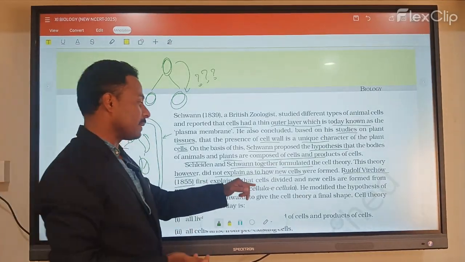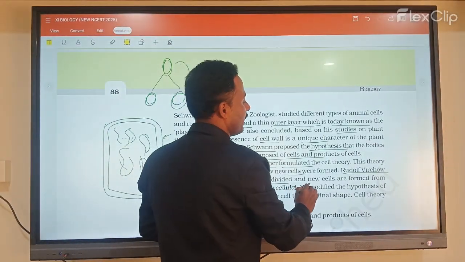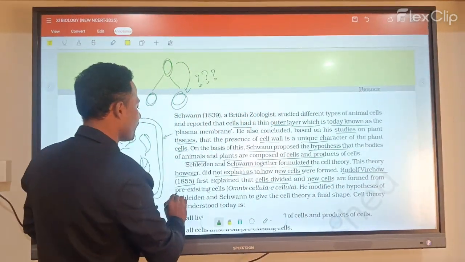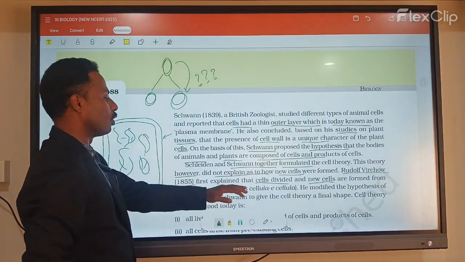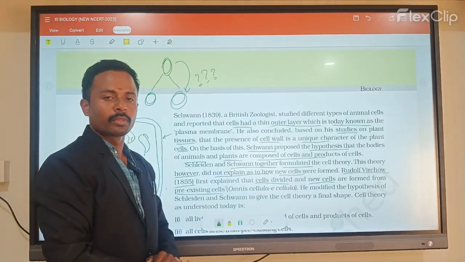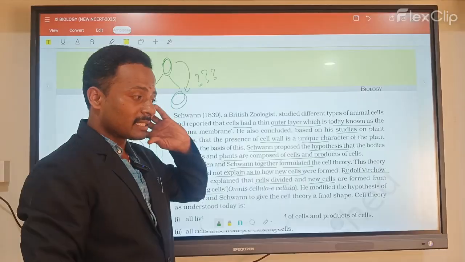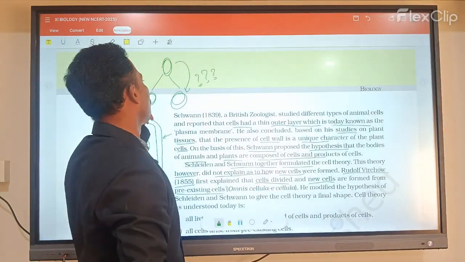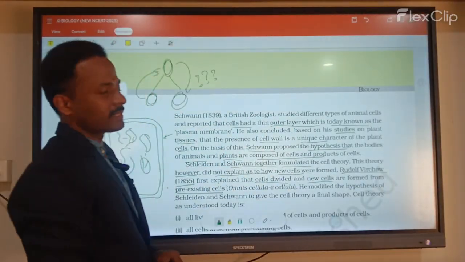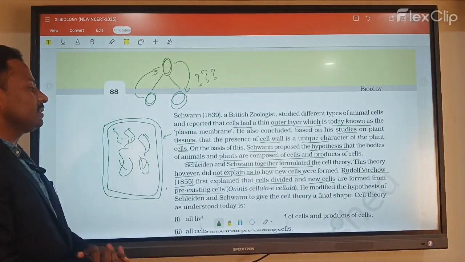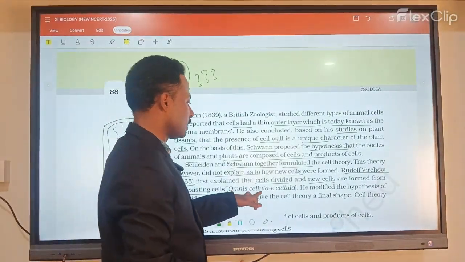He explained that cells divide and new cells are formed from pre-existing cells, as in unicellular organisms. Cells come from pre-existing cells.